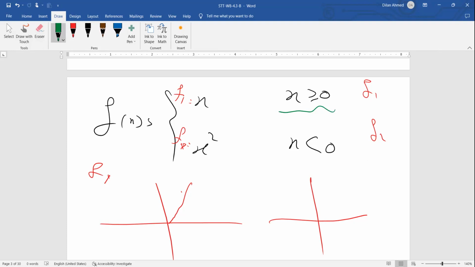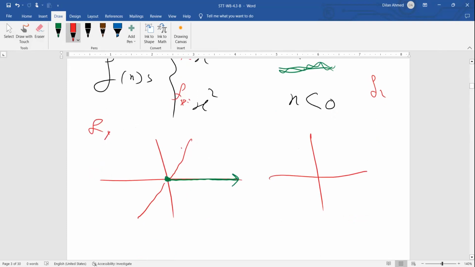We keep only those parts where x is greater than or equal to 0. So this green means that part. That's why I am going to erase the second part. Do you have any comments? Did you understand? Generally it is like that.